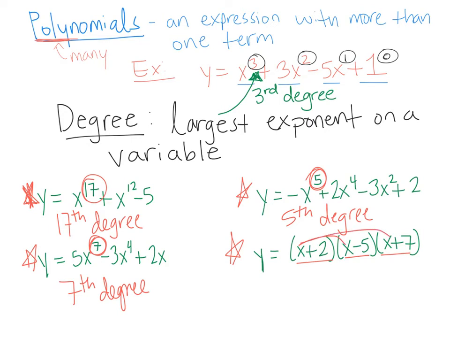So how many x's would you have multiplied together? That would have been 3 x's. So this is a 3rd degree, because in standard form, you would have had x to the 3rd, so 3rd degree, okay? Okay, write this down. Pause it if you haven't gotten all this, because I'm moving on.